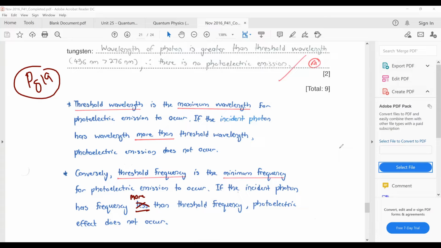My mistake, I got confused. Threshold frequency is the minimum frequency for photoelectric emission. So if your frequency is more than the threshold frequency, you get photoelectric emission. If your frequency is less than the threshold frequency, then you do not get emission. Yeah, that's correct. Sorry, my mistake.